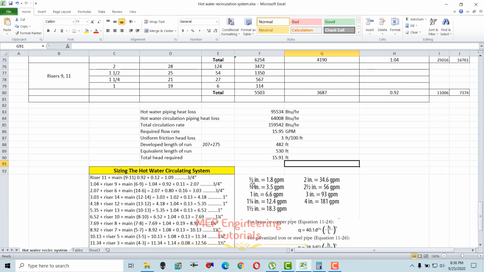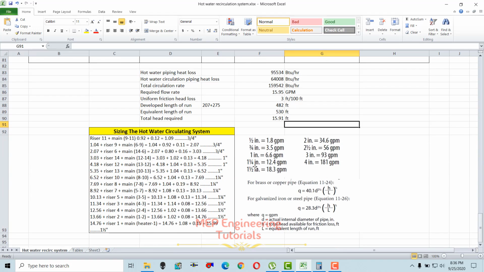So we can use half inch here, but we are not going to use half inch. The minimum size recommended is 3 by 4 inches. So instead of half inches, we're going to use 3 by 4 inch risers. The reason is that the pipe size would be very small, and with time deposits may develop inside the pipe and block it.